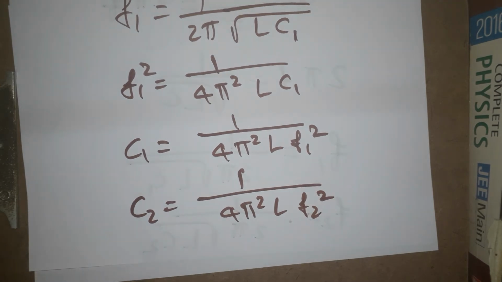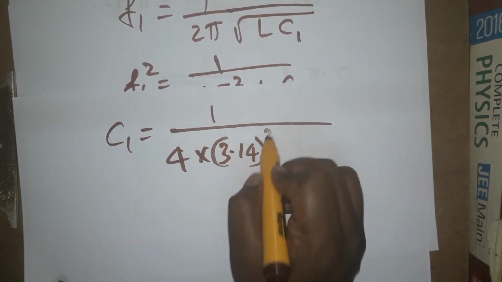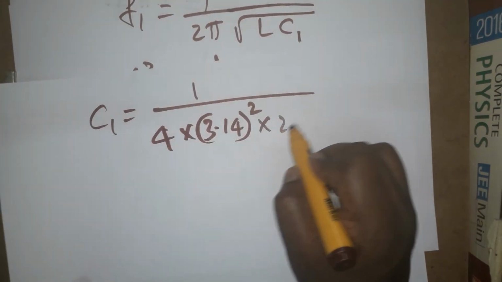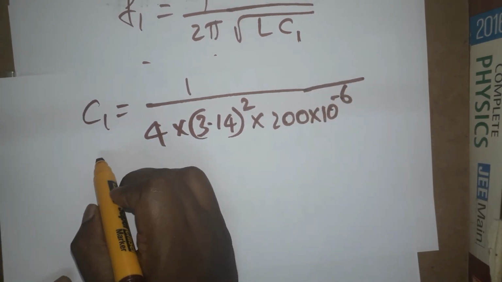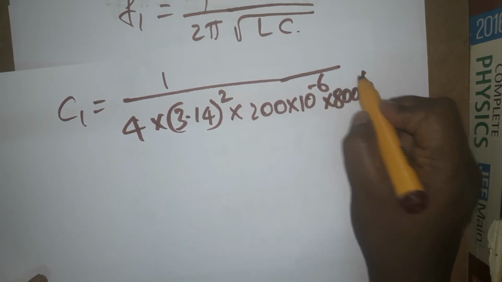Now I got C1 and C2. Now we are going to find the C1 value. C1 is equal to 1 divided by 4 into 3.14, whole square. The inductance is given as 200 microhenry, 200 into micro is 10 power minus 6. Initially the frequency is 800 kilohertz, 800 kilo is 10 power plus 3.